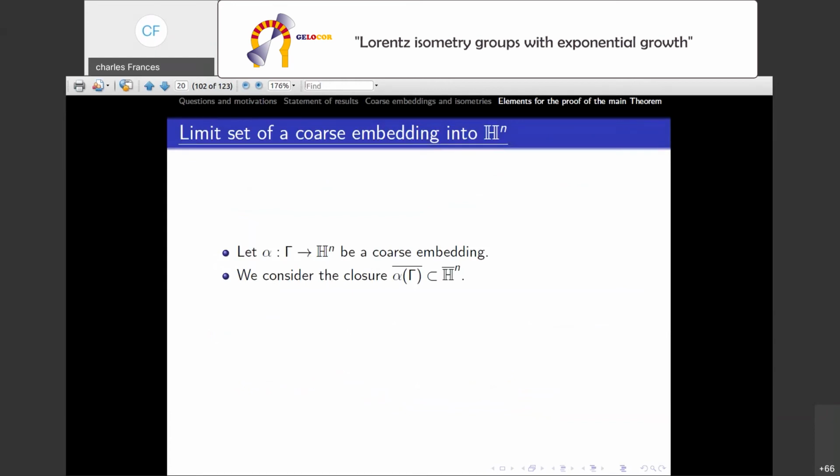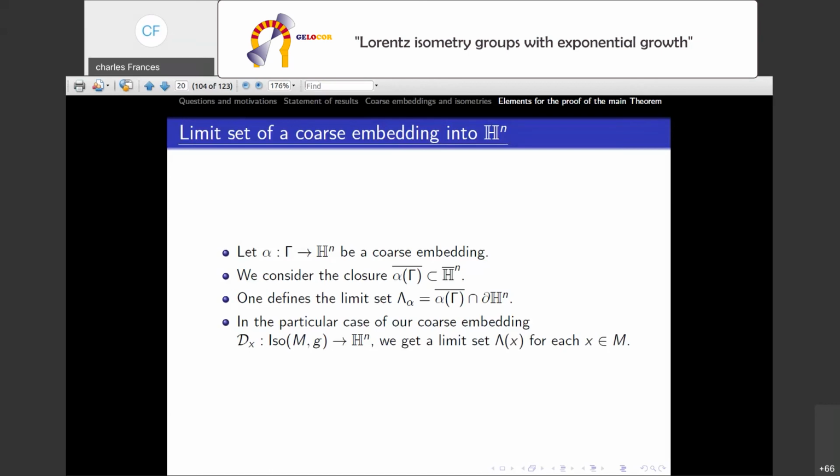You see Hn as the open unit ball, so you take the closure in the closed unit ball. And the limit set is just the intersection of this closure with the boundary of hyperbolic space. It's not hard to check that as soon as gamma is infinite, the limit set is non-empty.